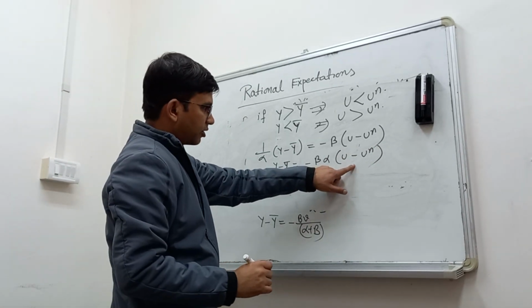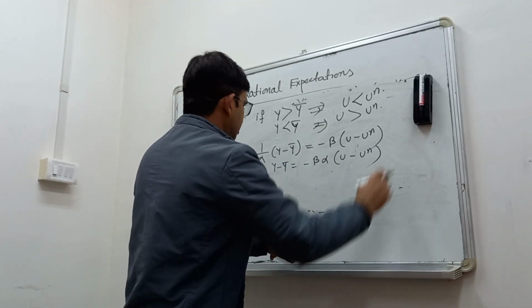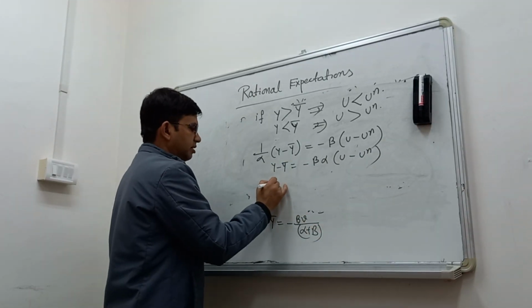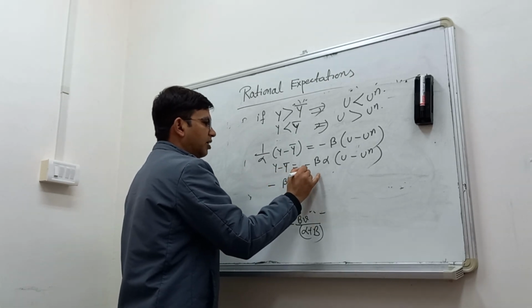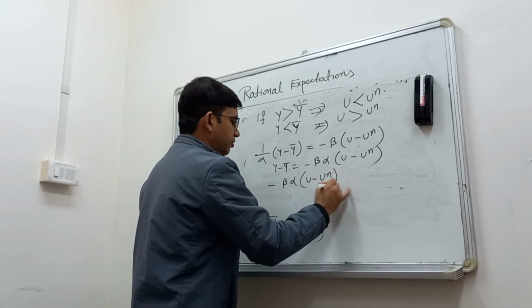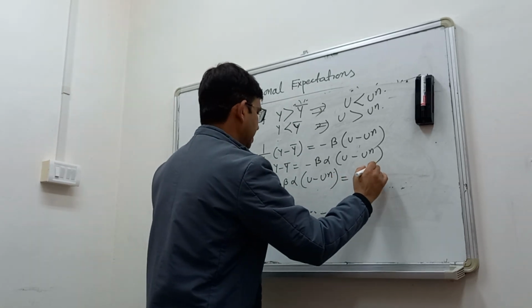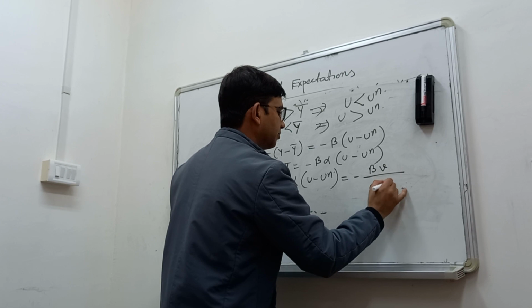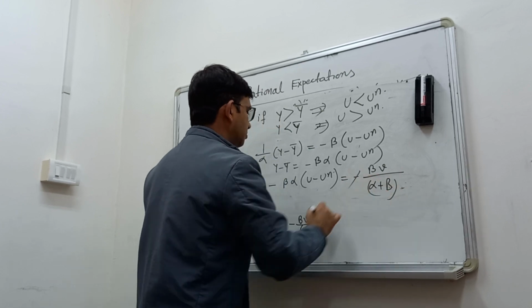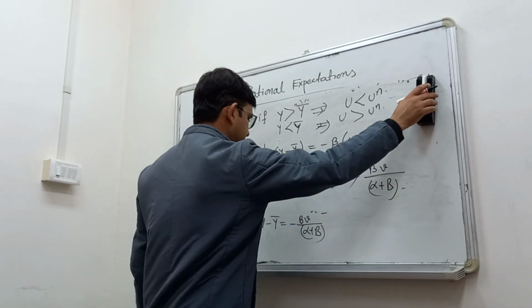If I plug this value into this equation, what can we find? Minus beta into alpha U minus UN equals minus BV divided by alpha plus B. So minus minus is dismissed.